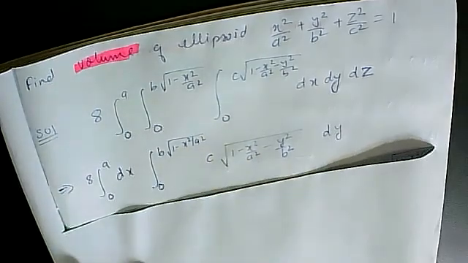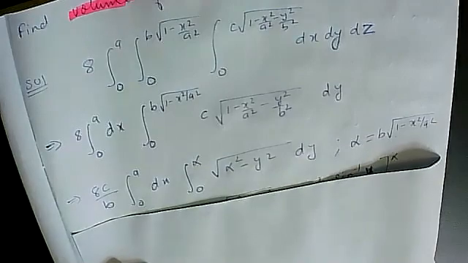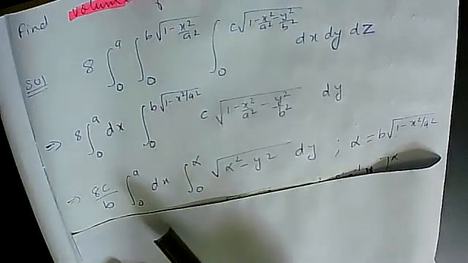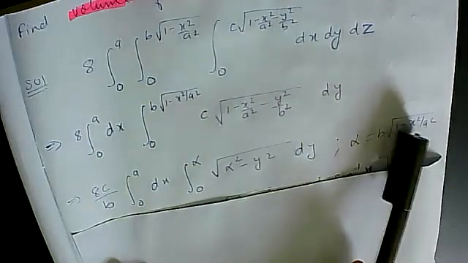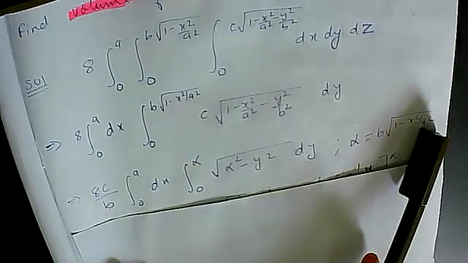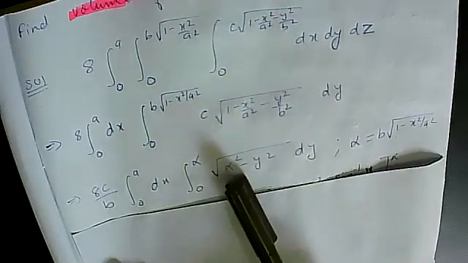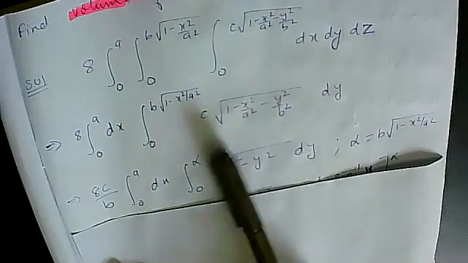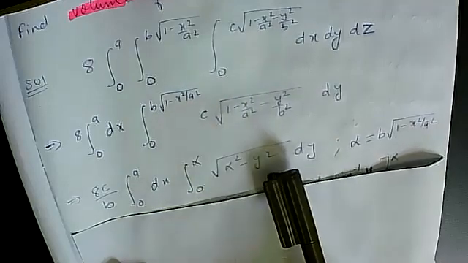So what substitution will I take? I'll put it like this. See, c I can take common and I have put alpha is equal to b under root 1 minus x square by a square. So this will get converted into under root alpha square minus y square. Now I can apply the standard formula of integration of under root a square minus x square.